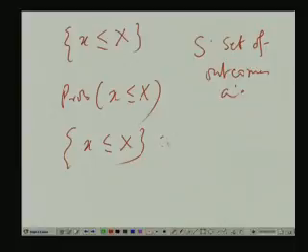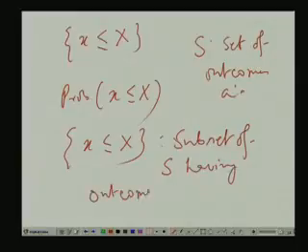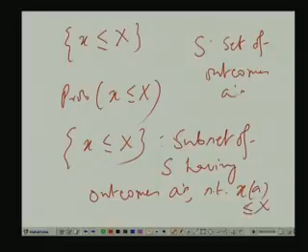So this is nothing but a subset of S having outcomes A such that x of A, since random variable x is actually a function that takes the outcome and gives you a value, is less than or equal to capital X.